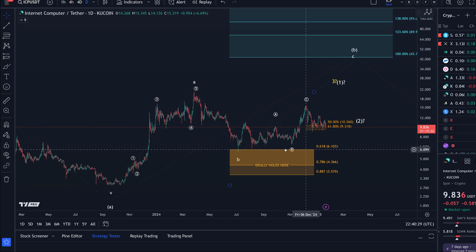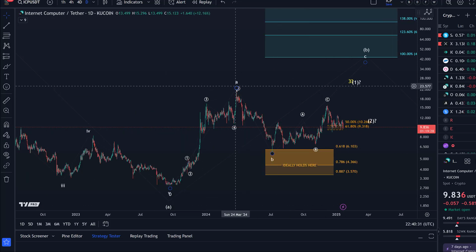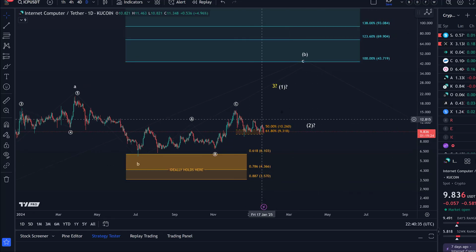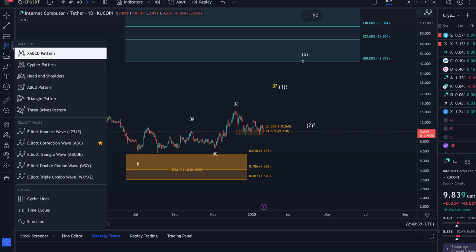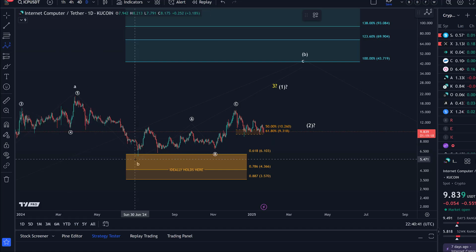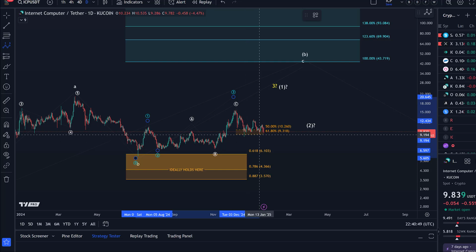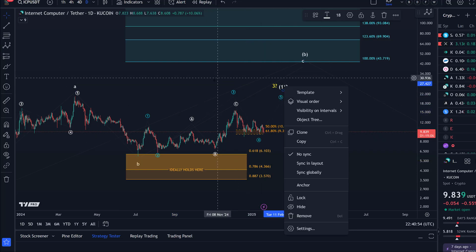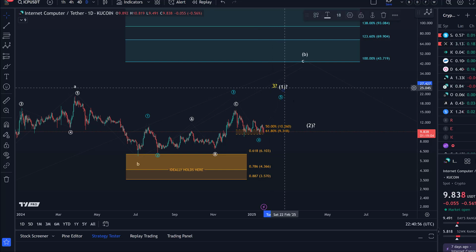So if this is a 5-wave move in wave A, this is a B-wave pullback, then the C wave here, right, it would need to be a diagonal pattern because it can't be impulsive the way it looks. So one way of labeling a diagonal is to say this was a wave 1, wave 2, wave 3, this is a 4, and we could get still another move up in wave 5.